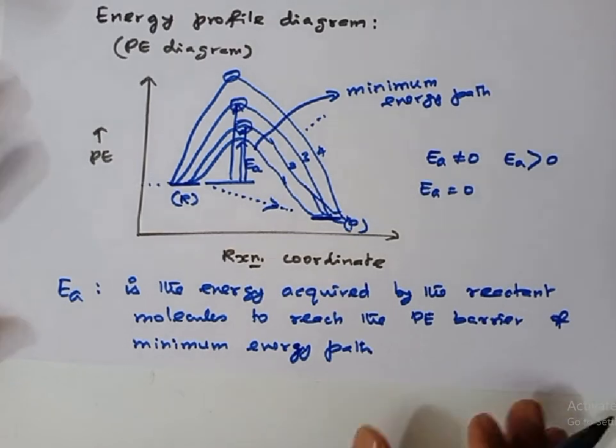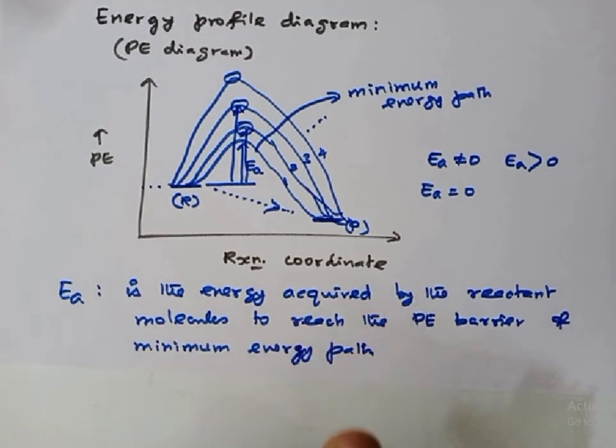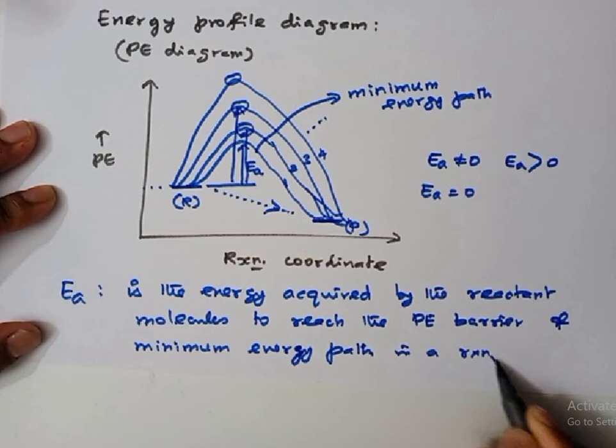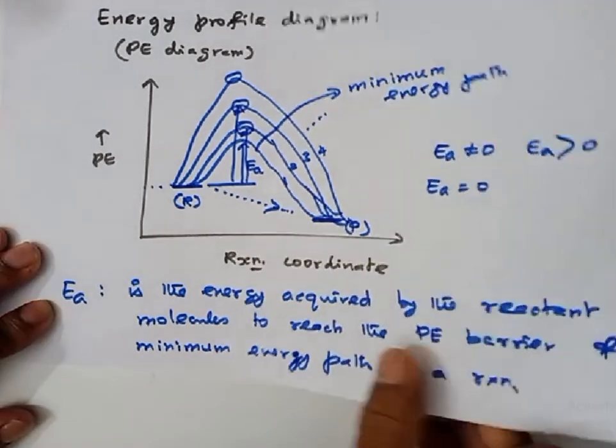So this is the meaning of activation energy: the energy acquired by the reactant molecules to reach the potential energy barrier of the minimum energy path in a reaction. Now you know what is meant by activation energy of a reaction.